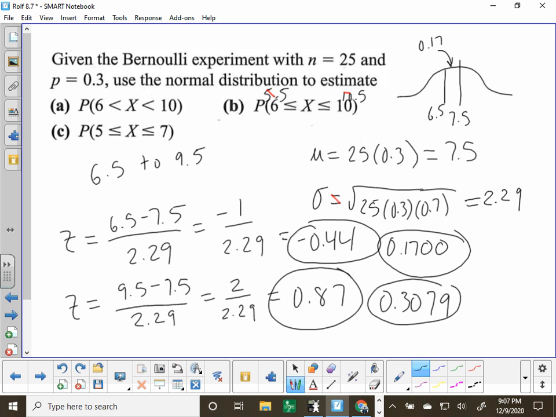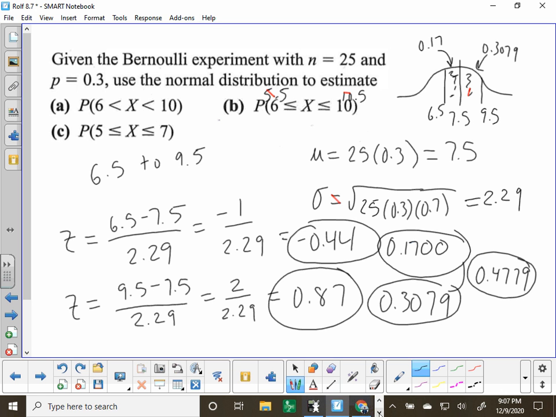Then I'm going over here to 9.5, so it's a bigger area, and that area from here over to there is the 0.3079. So these two areas need to be added together. If we add these two together, we get 0.4779. So that should be the answer to that one.